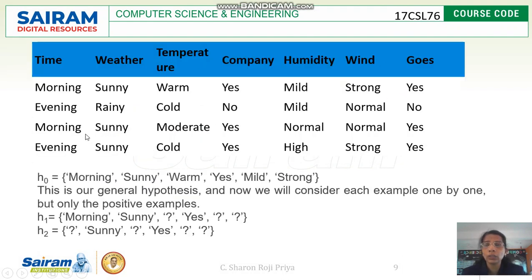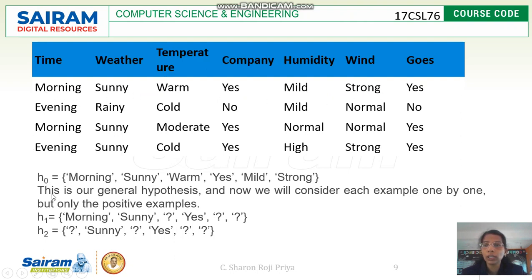I have 4 instances. The last attribute will be your decision attribute or class attribute, and we'll be considering the first 6 attributes.